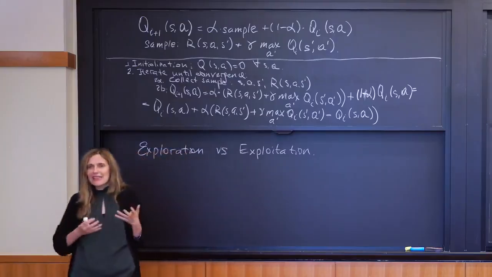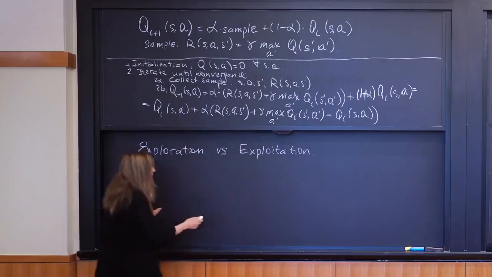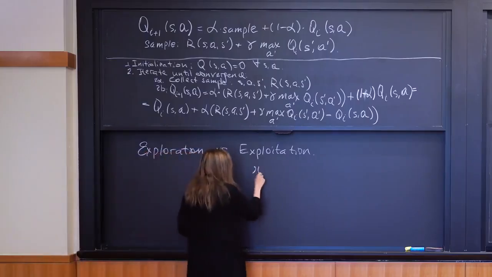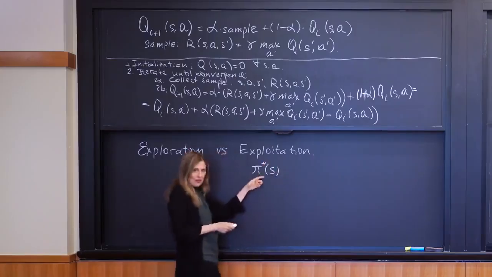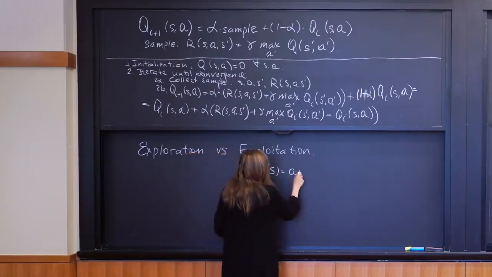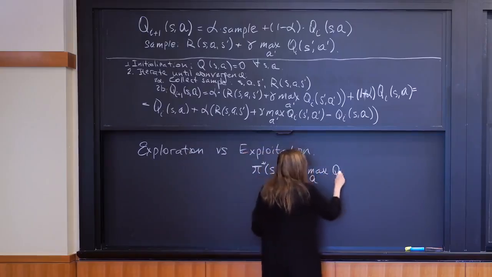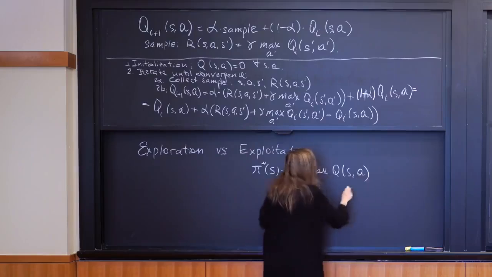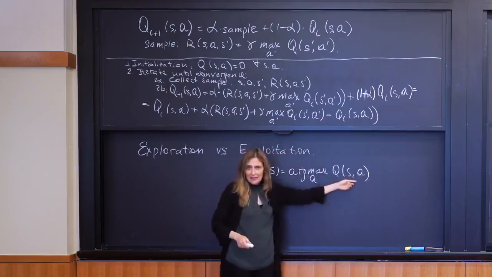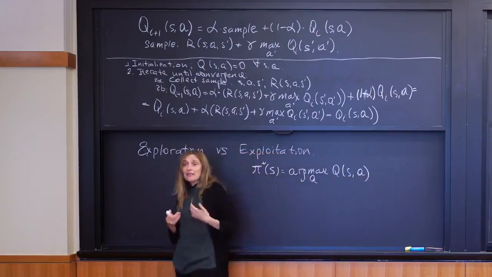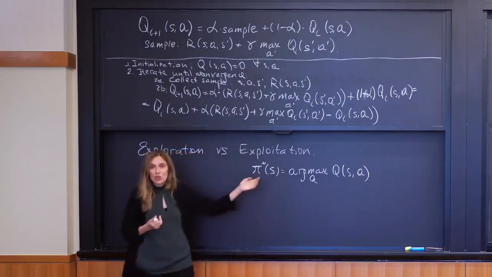Now, obviously, when I start, I don't know anything. But once I start going around, and I want to remind you that the policy for the state is actually argmax over all these different Q(S,A). So you say, I'm collecting the sample, I'm collecting the estimation of Qs.